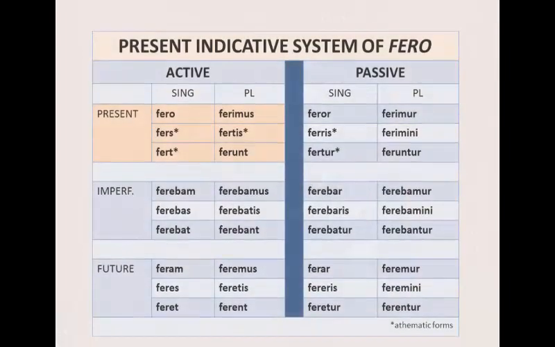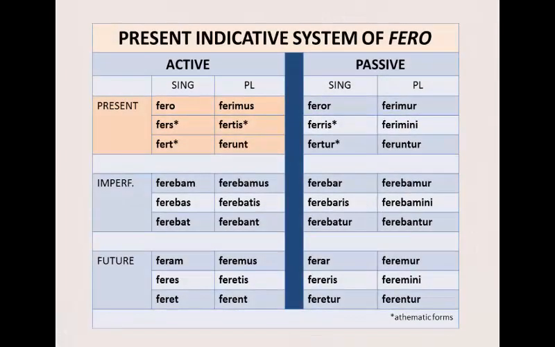Thus, fero, fers, fert, but ferimus, note a thematic vowel's been added here, an I, as if fero were third conjugation, then fertis and ferunt. The Romans apparently considered fernt unpronounceable, so again a thematic vowel's been added. Thus, three forms in the present active indicative are athematic: fers, fert, and fertis.